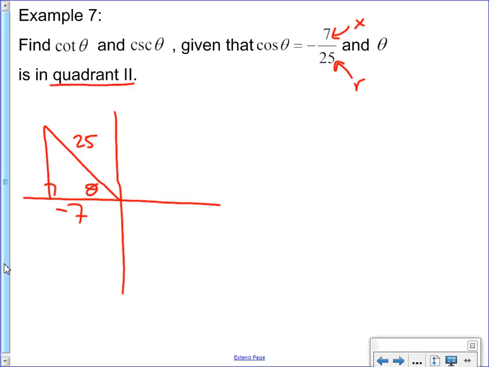All right. So to find the y, it would go r squared is equal to x squared plus y squared. So would you agree that r squared minus x squared is y squared? Right? Just go backwards. Okay? So on your calculator, you're just doing 25 squared minus negative 7 squared.